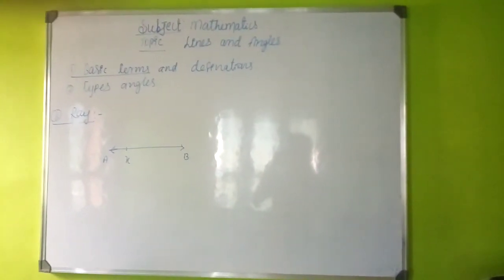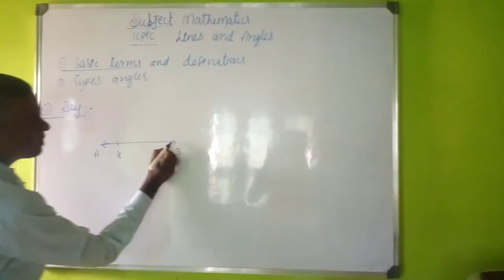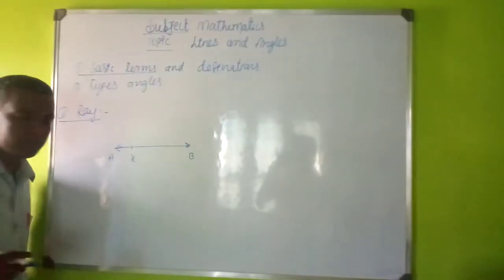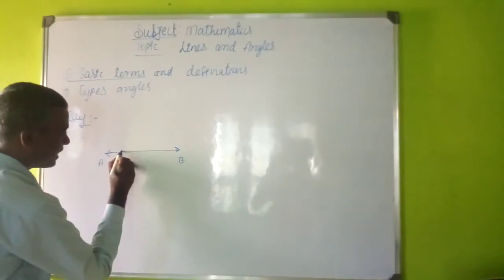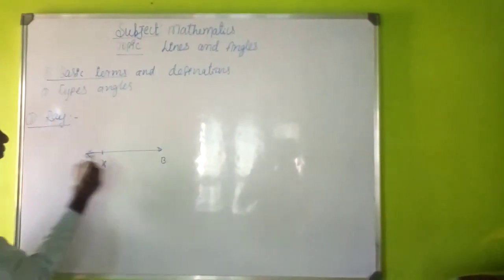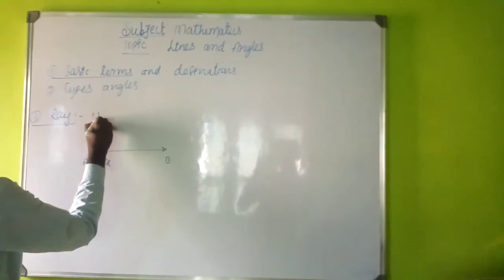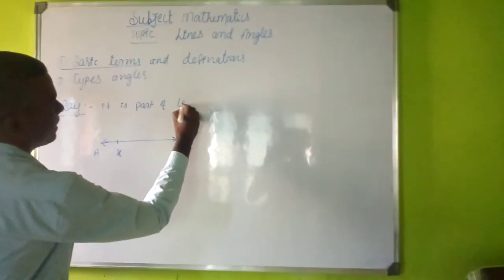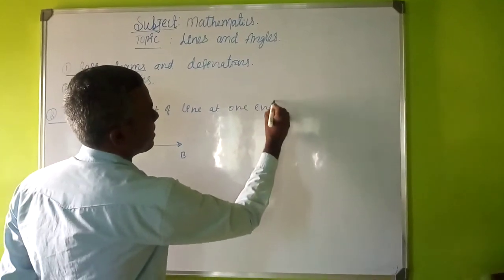One side there is an end, another side there is no end. See, observe in this diagram. Your B should be leading. The arrow mark indicates there is no end. So it is leading. But on this side, the left side, you can observe your X is a point. There is an end point for that ray. So ray means it is a part of a line with one end point.